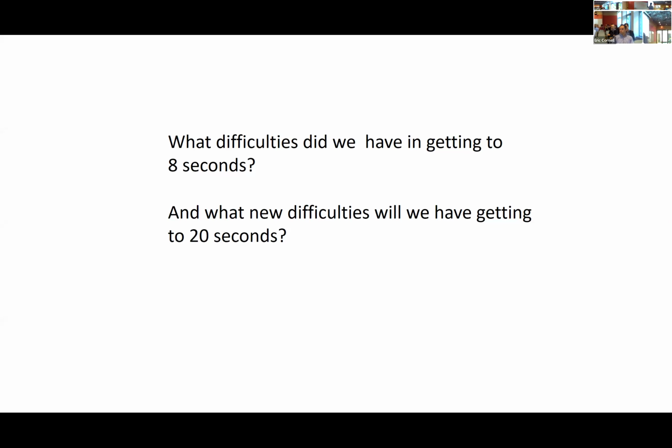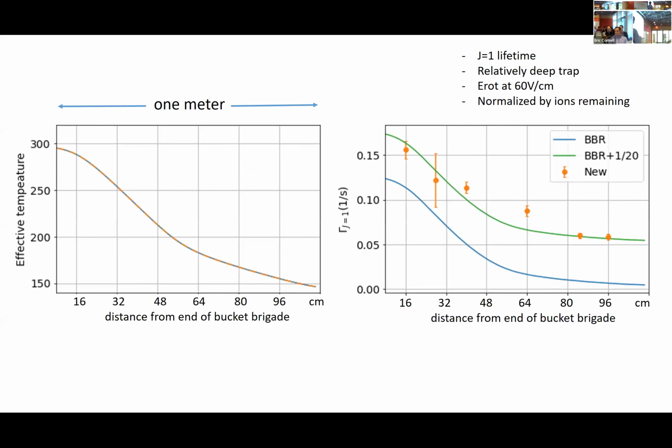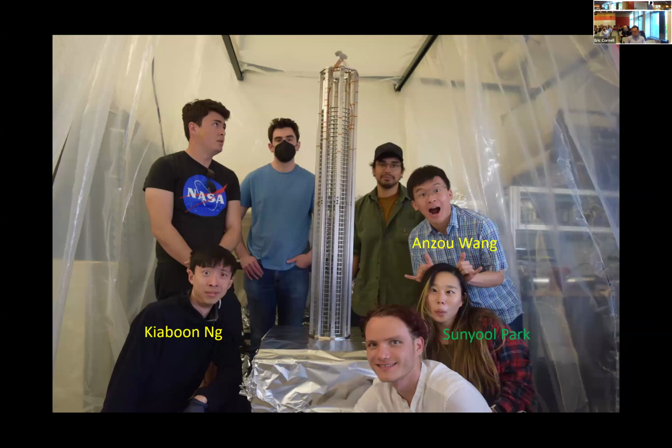What difficulties do we have in getting to 8 seconds, and what new difficulties do we have in getting to 20 seconds? What I forgot to mention is that out here where we make the ions, it's at 300 Kelvin. Deep down in the trap, it's about 170 Kelvin. You might think 170 Kelvin, that's cryogenic, doesn't sound very impressive.